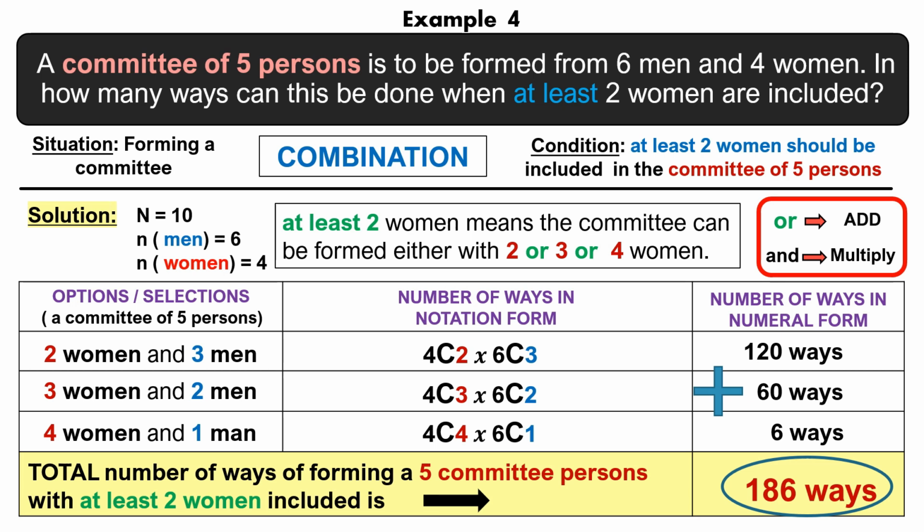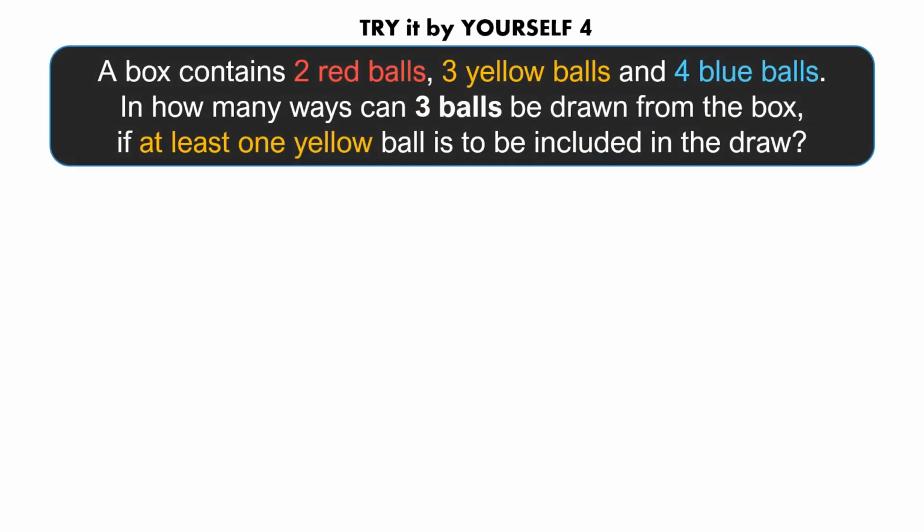Now, let us try once again solving a problem similar to the problem situation we have here. A box contains 2 red balls, 3 yellow balls, and 4 blue balls.